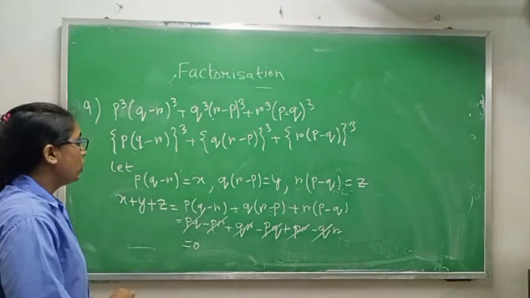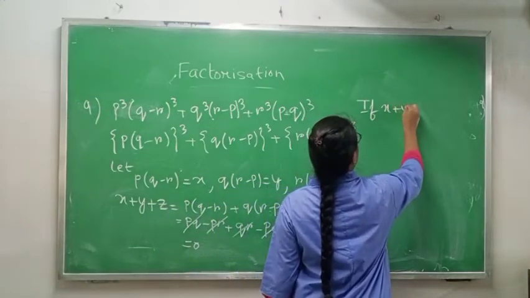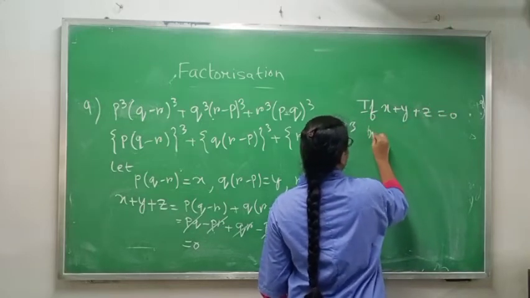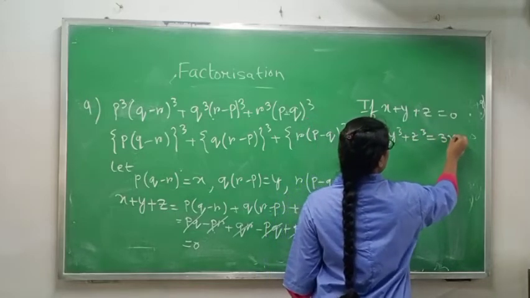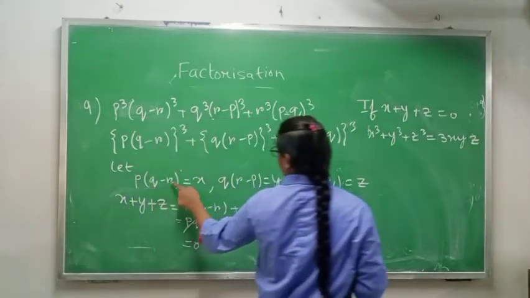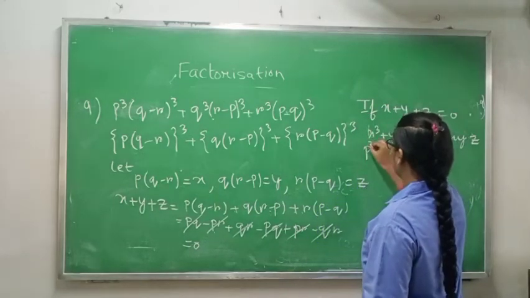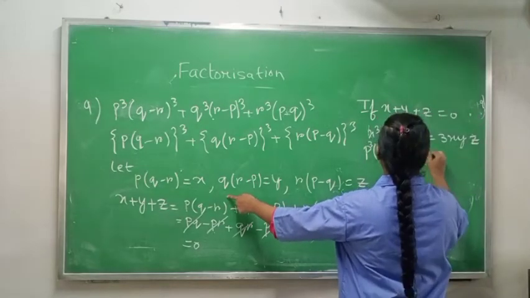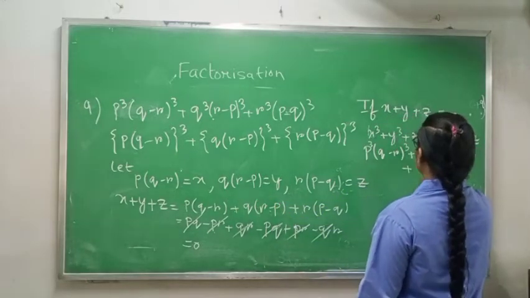Formula number 2. So what I will write here, if x plus y plus z equals to 0, then you can write x cube plus y cube plus z cube equals to 3xyz. So in place of x cube you have [p(q − r)] whole cube, y cube is [q(r − p)] cube, again plus z cube.